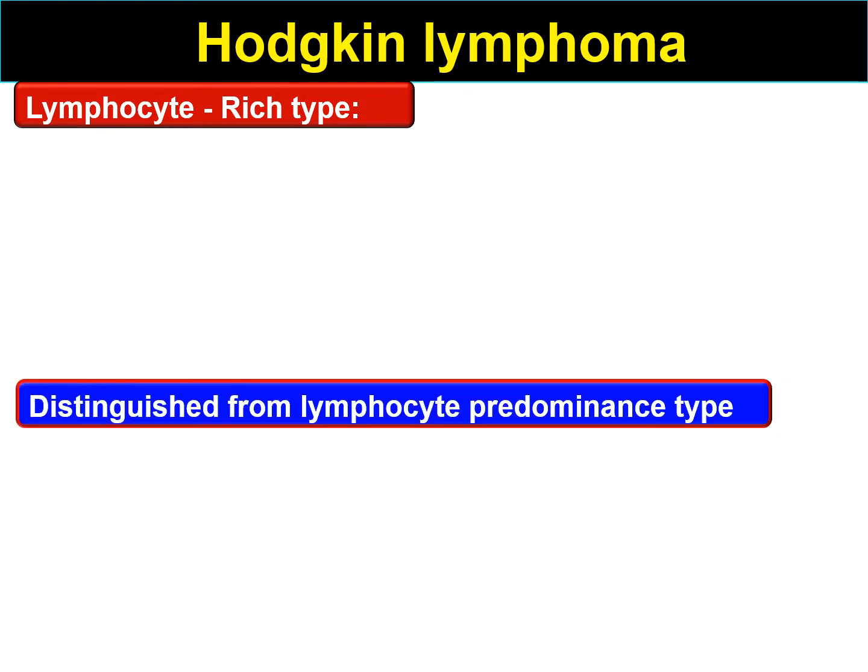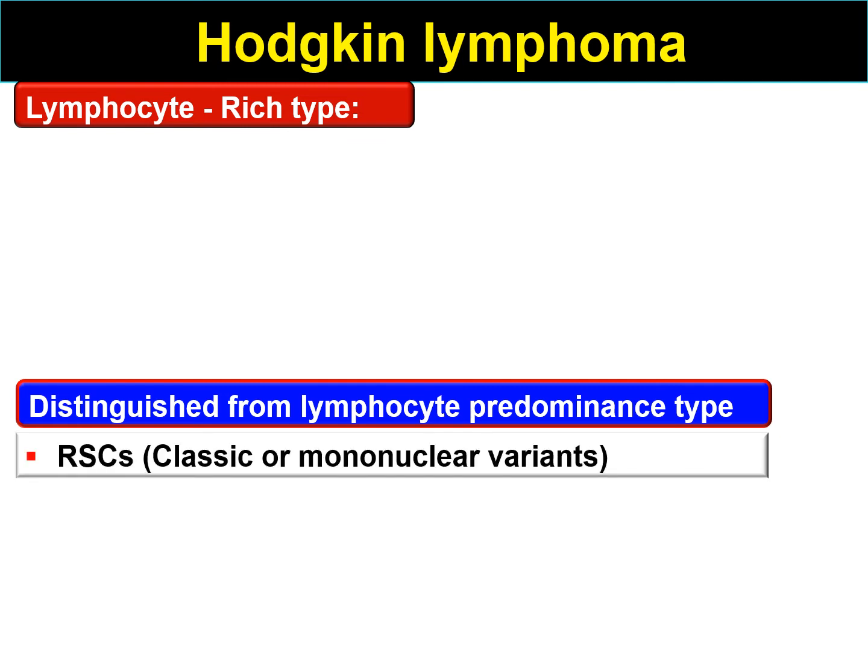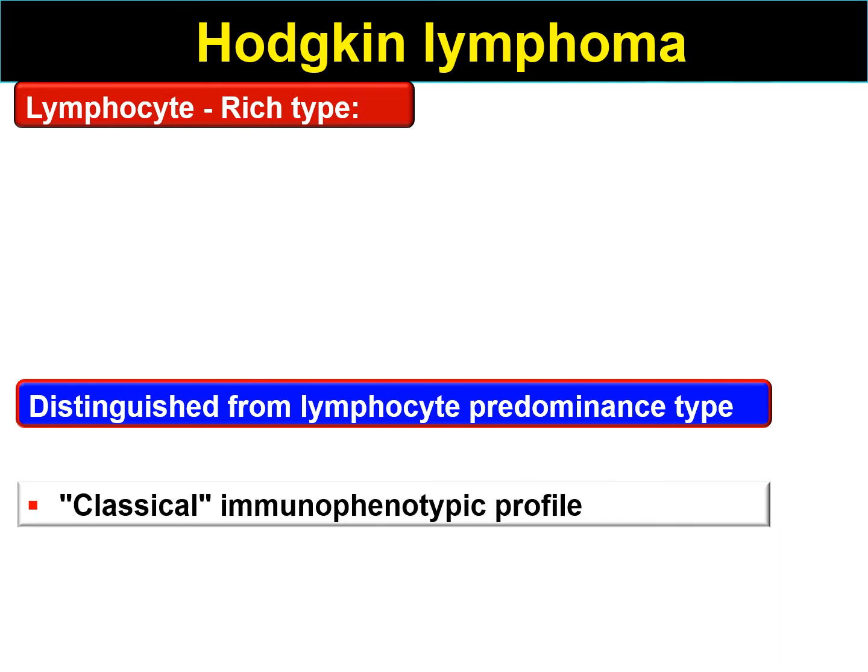This lymphocyte-rich type should be differentiated from the lymphocyte predominant type of Hodgkin lymphoma, which is of the non-classic type. The lymphocyte-rich type, that is the classical one, is associated with Reed-Sternberg cells that are classic or mononuclear variants.